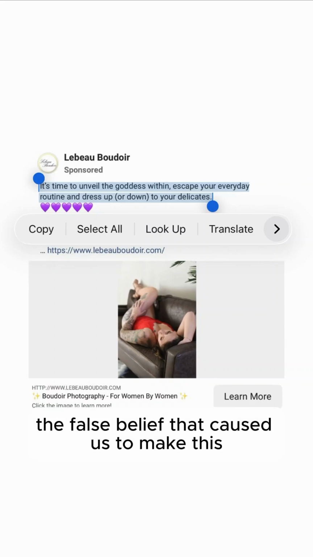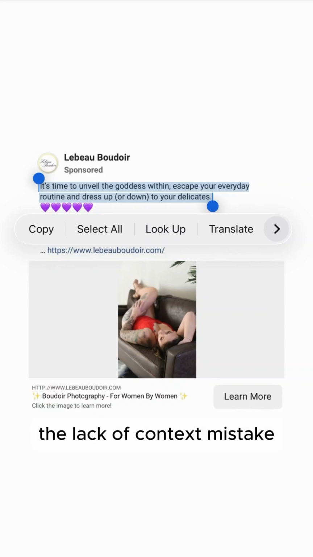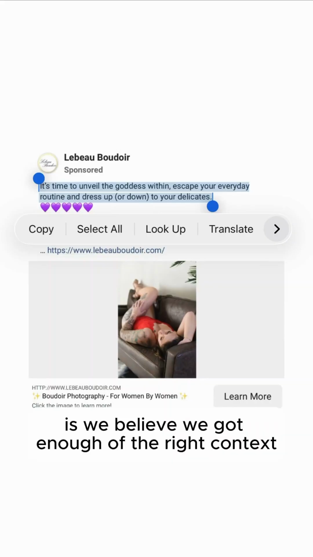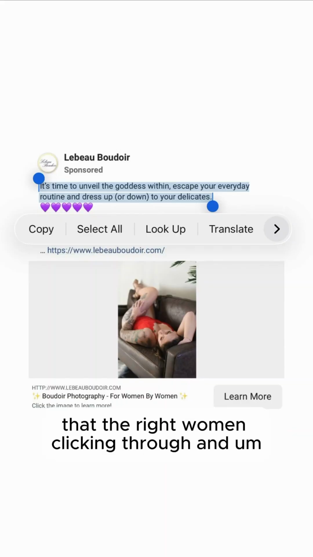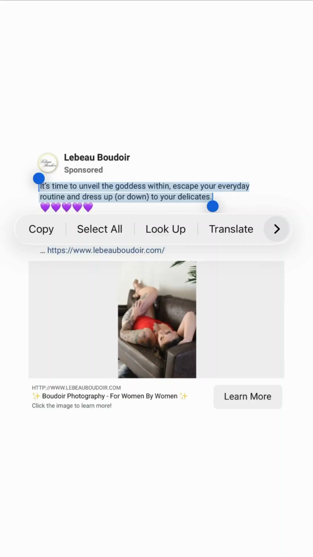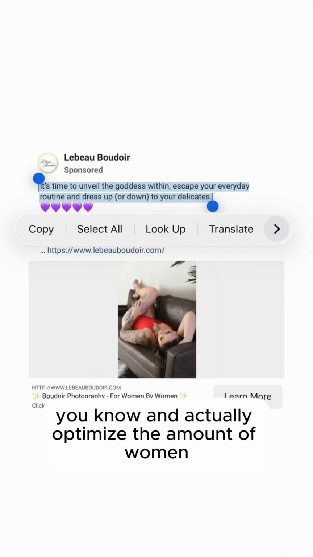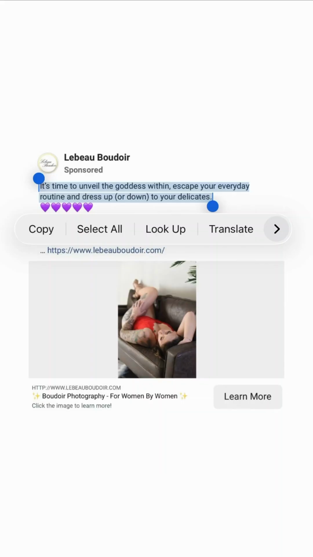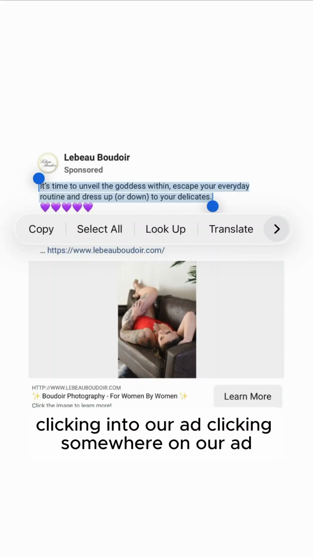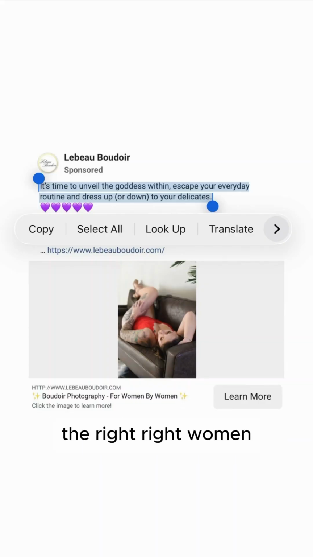The false belief that caused us to make this lack of context mistake is we believe we got enough of the right context for the right women to click through, and actually optimize the amount of women clicking into our ad, clicking somewhere on our ad, the right women.